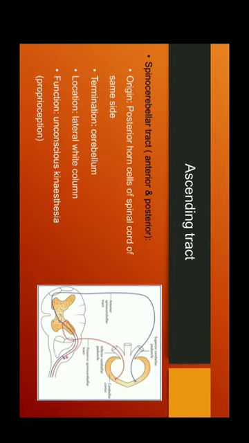Let us come to the spinocerebellar tract. As the name suggests, it goes from the spinal cord to the cerebellum. It has its origin from the posterior horn cells of the spinal cord.